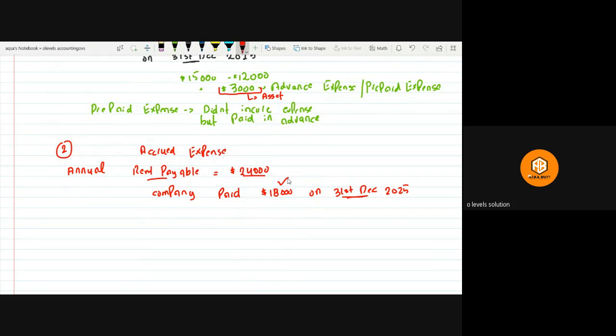So when you divide this 18,000, I guess this is for only 9 months. Yes, you have paid this $18,000 for 9 months only.